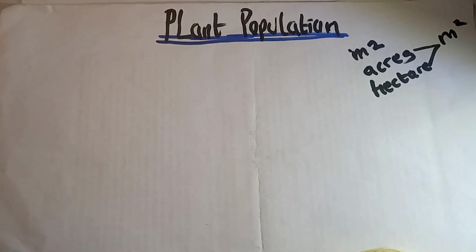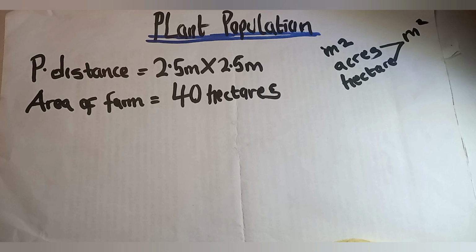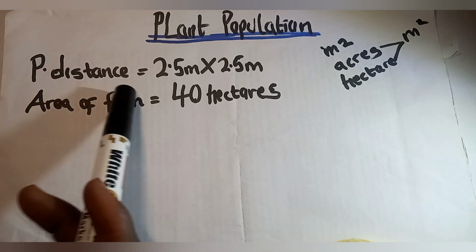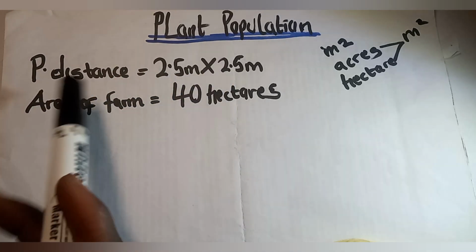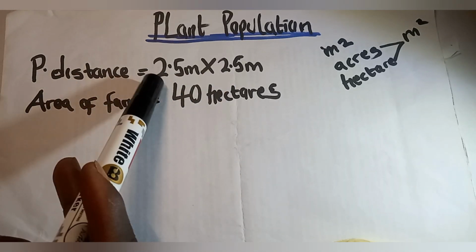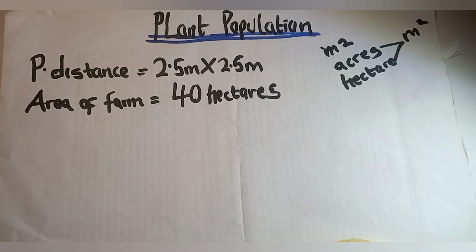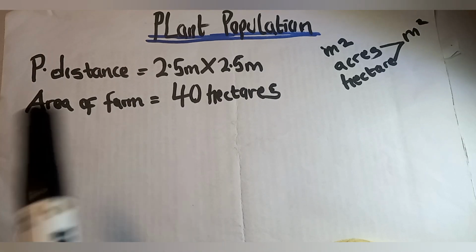Now I'm going to be solving a question that deals also with plant population. Follow me carefully as I solve. Let's assume I was told to calculate the plant population of maize, and they gave me that the planting distance is row by column: in rows, the planting distance is 2.5 meter, and the distance between the rows is 2.5 meter also.